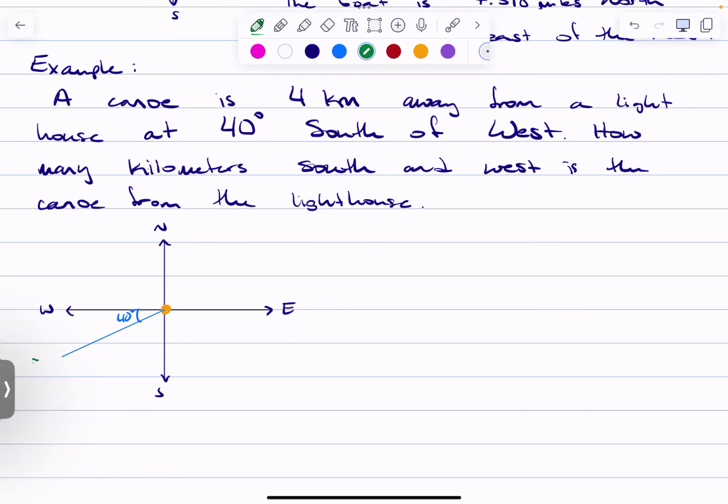It's kind of hard to draw a canoe. It's going to look a lot like my boat without a sail. Oh well. Here's my canoe, which means that it is 4 kilometers away. How many kilometers south and west is the canoe from the lighthouse? I'll extend this just a smidge.